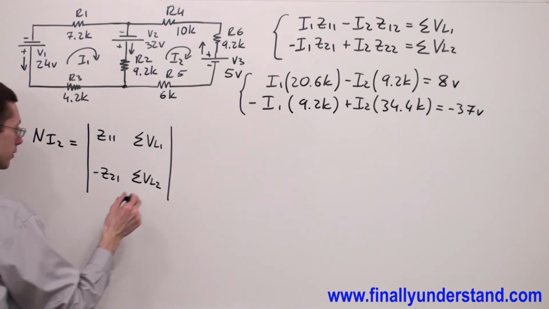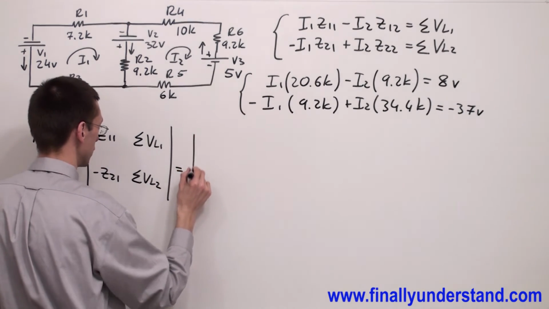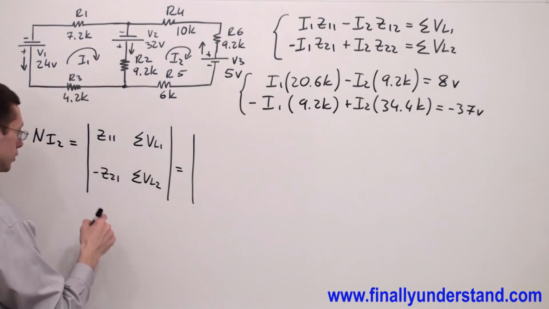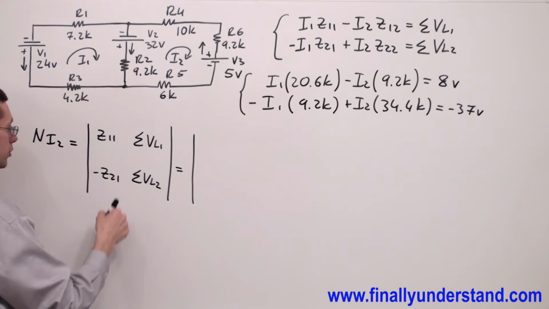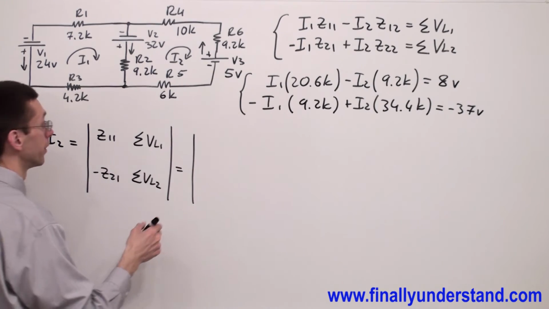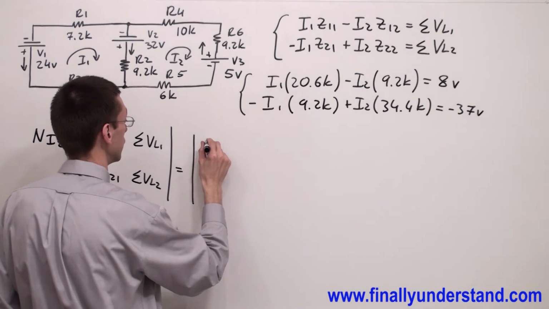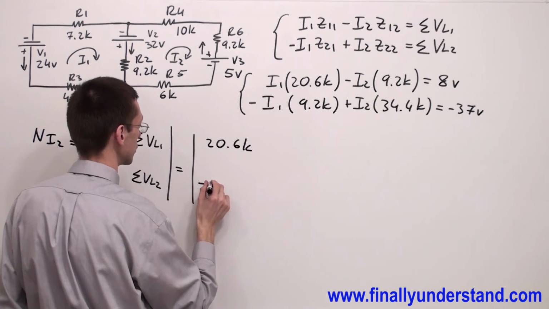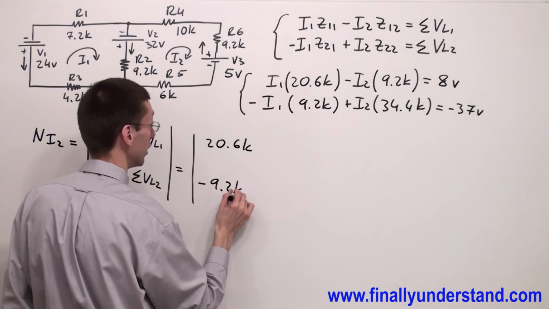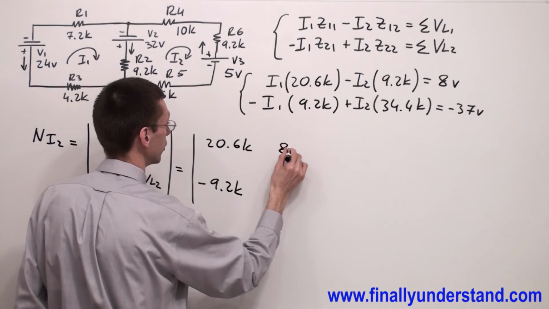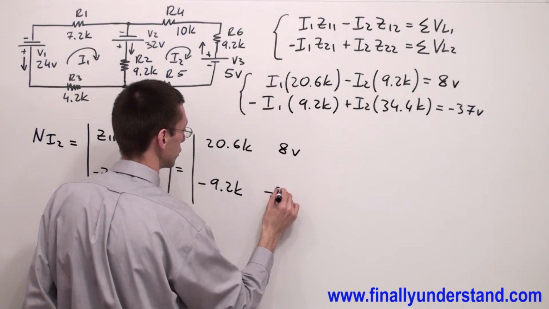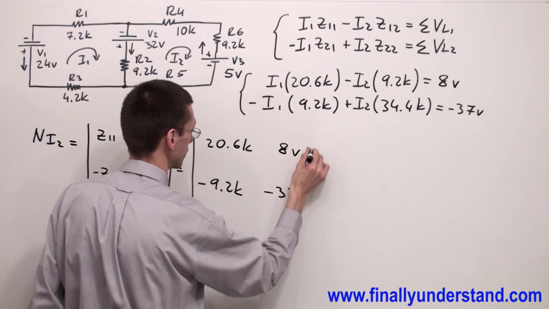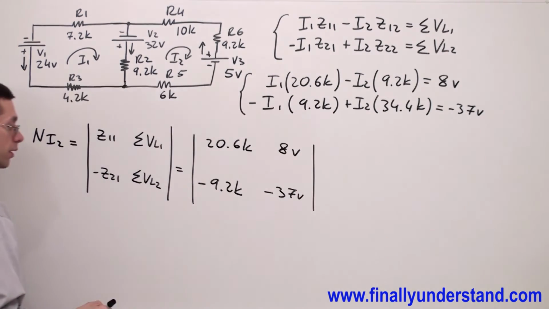Next, I'm going to plug in the values of Z11 and Z21 and the sum of the voltages in loop 1 and loop 2, and they are 20.6K, minus 9.2K, and I have 8 volts, minus 37 volts. Now I'm supposed to solve the determinant.